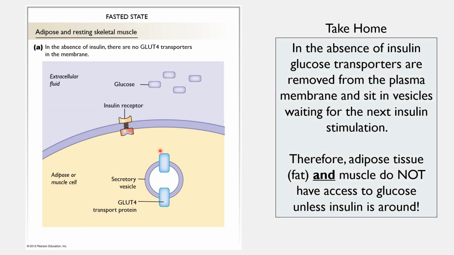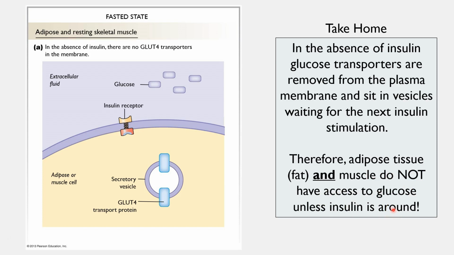So the take-home point is that in the absence of insulin, glucose transporters are removed from the plasma membrane and sit in vesicles waiting for the next insulin stimulation. Essentially, they are waiting for the next meal, where glucose levels will rise, insulin is released, insulin binds, and glucose transporters move to the membrane and move that high level of glucose out of the blood and into the cell. Therefore, adipose tissue, which is fat, and muscle do not have access to the glucose unless insulin is around.